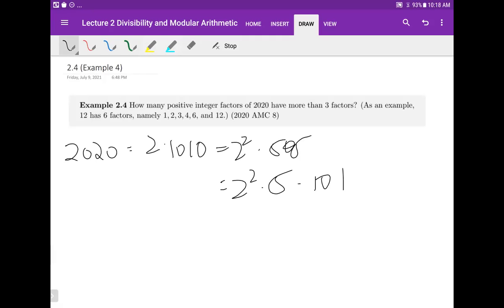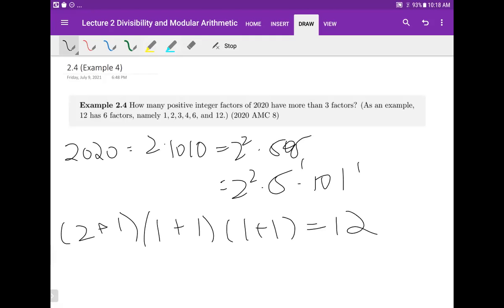Well, there are 2 plus 1, and imagine there are 1 exponents for these. Then 1 plus 1, 1 plus 1, which is equal to 12. So in total, there are 12 factors.